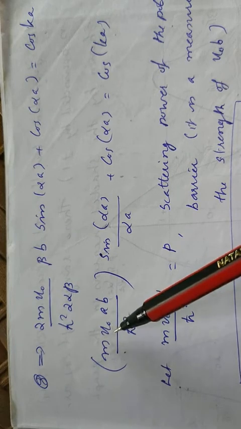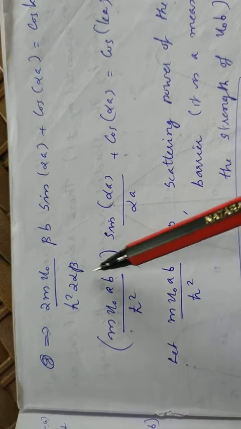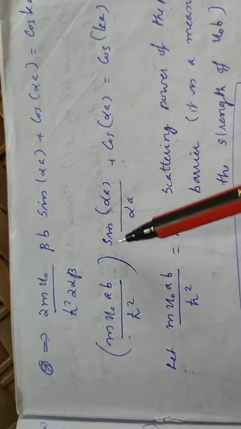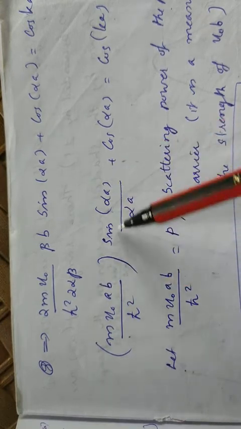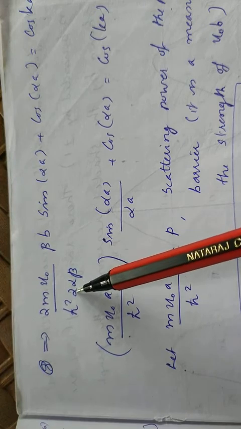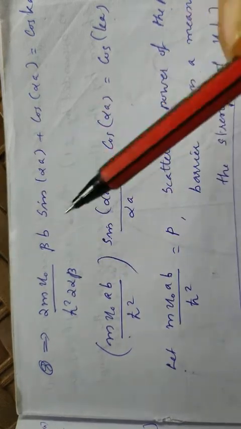Okay. Now what we have done is arrangement of terms here. Here we have taken this term to alpha in the first term. So sin alpha a by alpha a. Sorry, this is not 2 alpha, this is alpha into a.